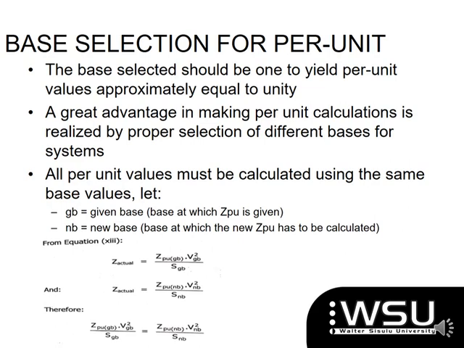So you at least want to have one of them being equal to 1, which then comes to the third point that says out of the 50 or the 20 or the 30 MVA, you can use any of the three that appears on your system, because then you are going to have a per unit that is going to give you 1.